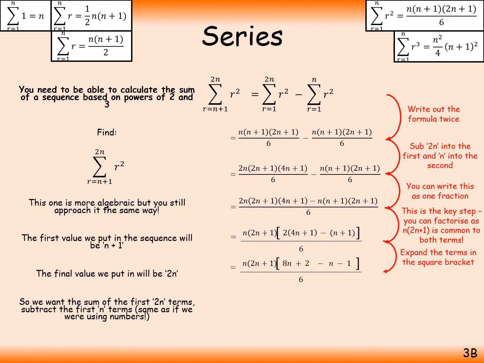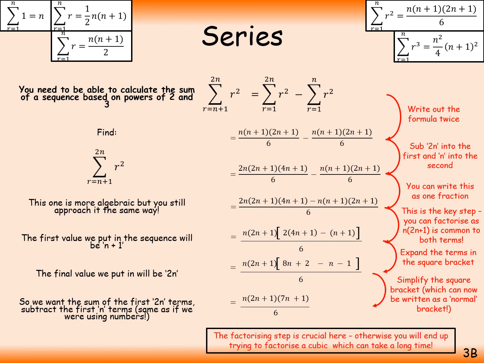So expand the terms in the square bracket, and then if we tidy that up, we get n, 2n plus 1, 7n plus 1 all over 6. So the factorizing step here is crucial, otherwise you end up trying to factorize a cubic, which can take a long time.